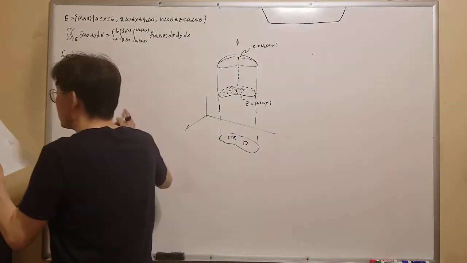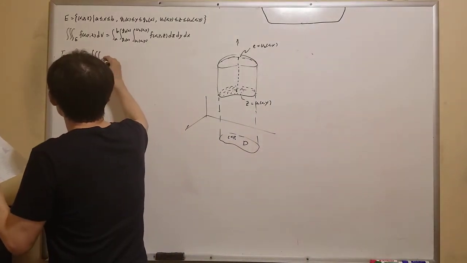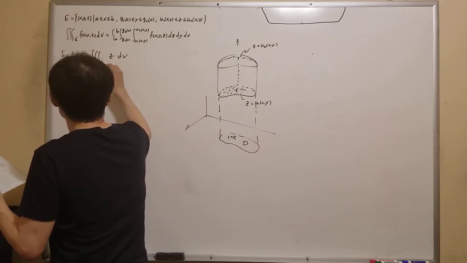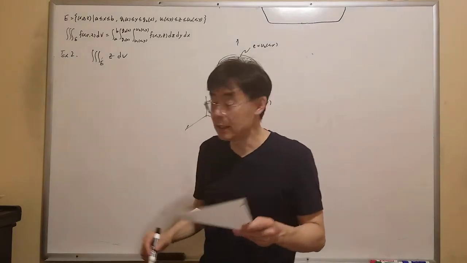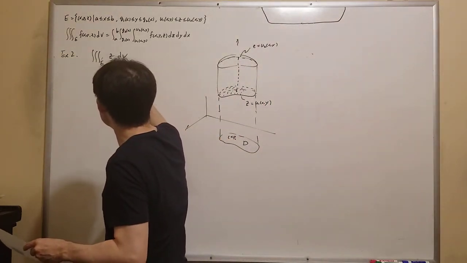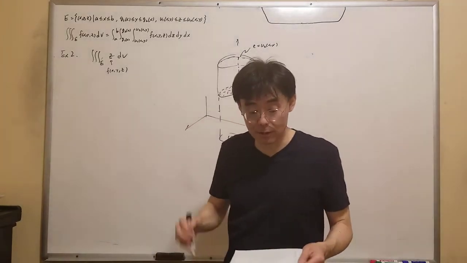Now, example 2. Evaluate this over E. This is our f of (x, y, z), a very, very simple function.